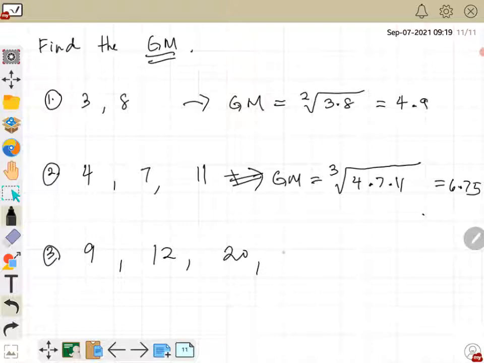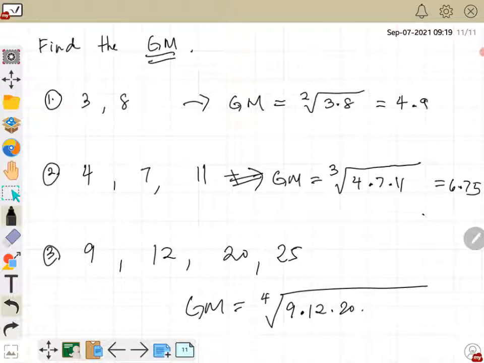So let us say here we have 9, 12, 20, 25. There are four terms, so we say the geometric mean of this is the fourth root of the product of 9 times 12 times 20 times 25.